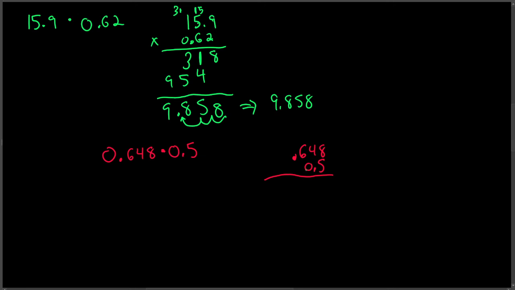Zeros don't do anything for our multiplications. So 5 times 8 is 40, carry my 4. 5 times 4 is 20, 24, carry my 2. 5 times 6 is 30, 32. And now I count my decimal places. 1, 2, 3, 4. And I have 4 decimal places.